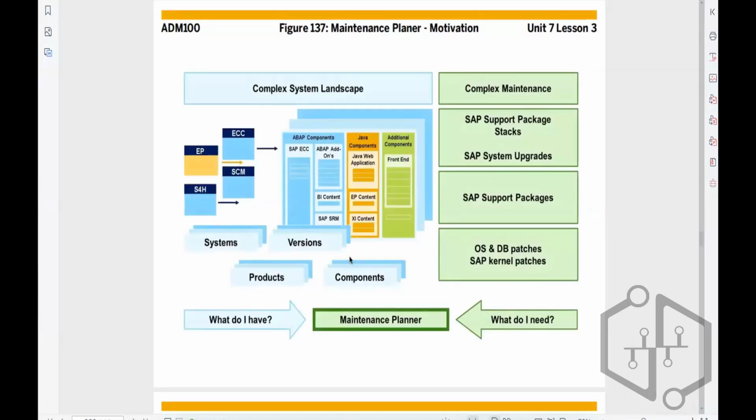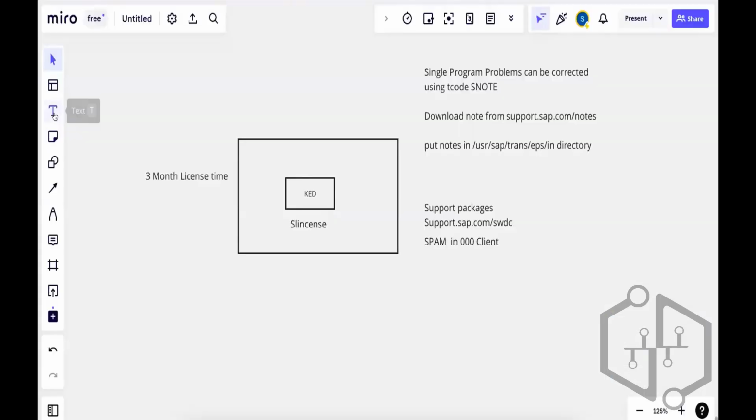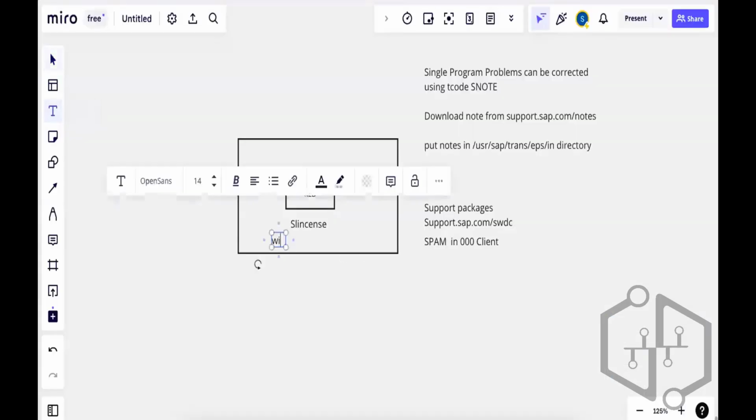Suppose you want to upgrade. I just give you one example here. This is Windows 2016 server, SPS 19.